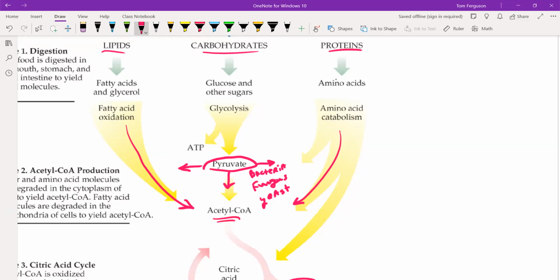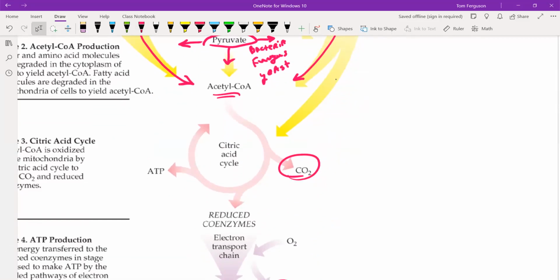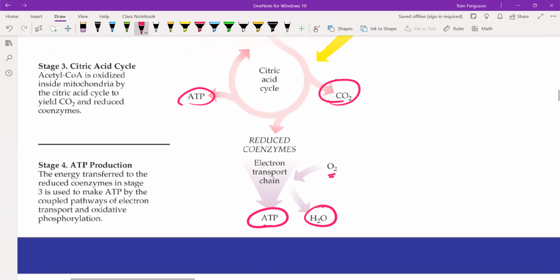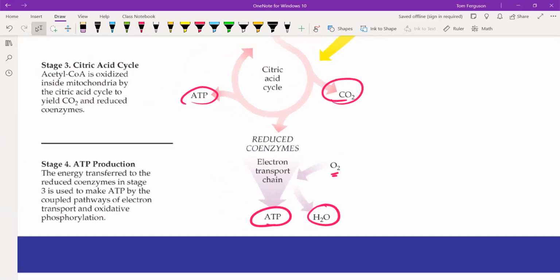That acetyl-CoA can then enter the citric acid cycle, producing ATP. And then that product can go on and get oxidized big time and produce ATP and water. This requires oxygen. So that's the oxidation process, hence the name oxidative phosphorylation.